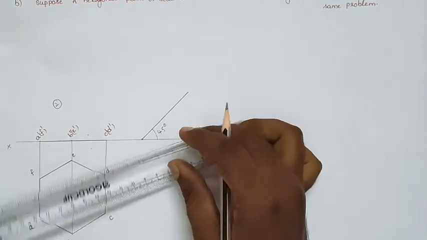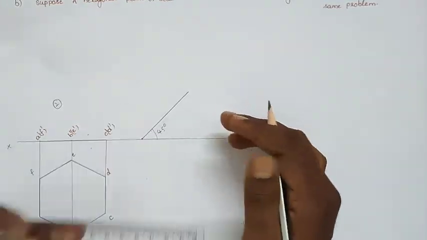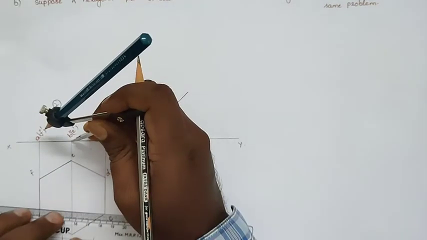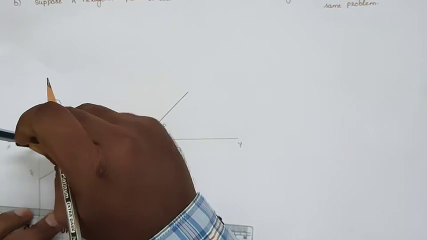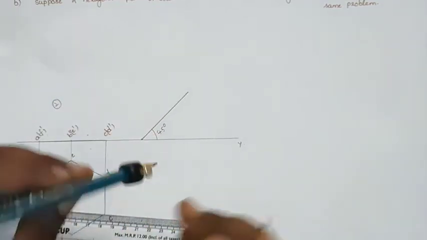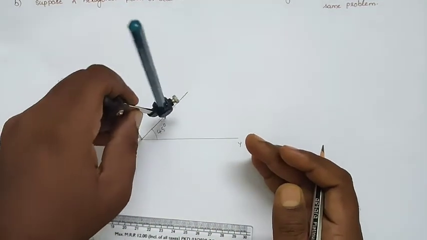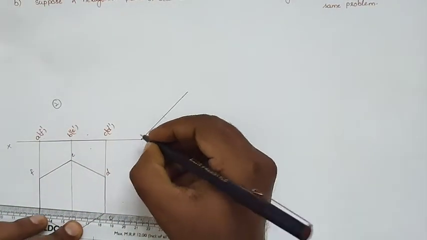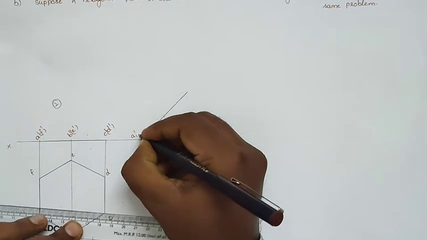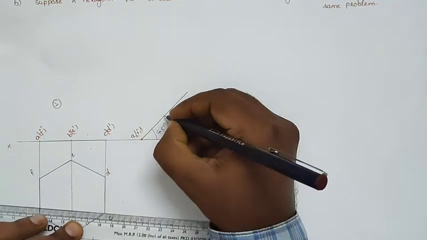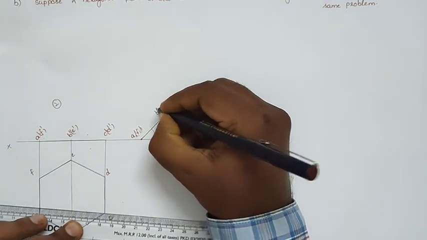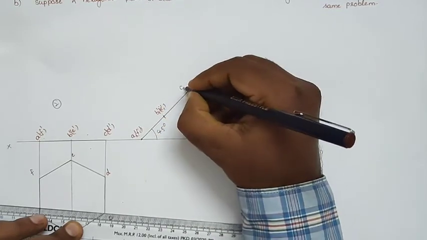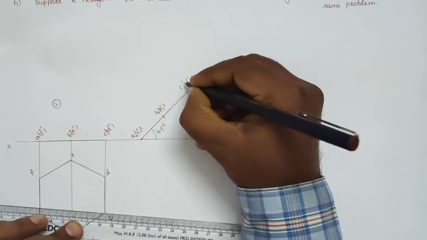Measure the point to point distance here, from this point to this point. From this point you can locate that point. So here I am locating A1 dash and F1 dash, here B1 dash and E1 dash, and here C1 dash and D1 dash.